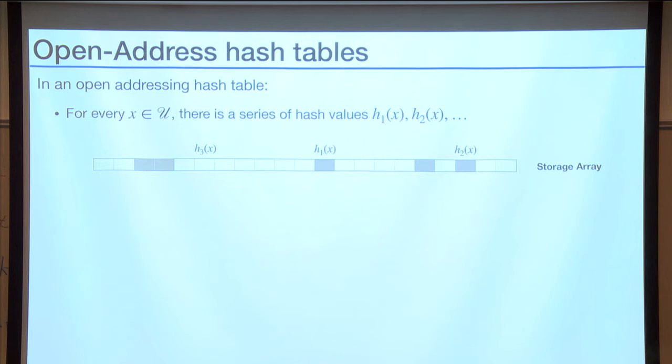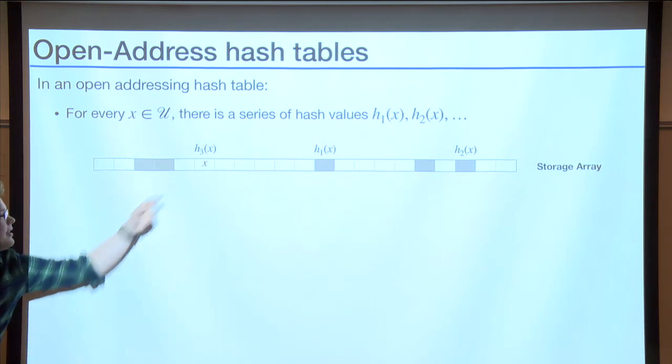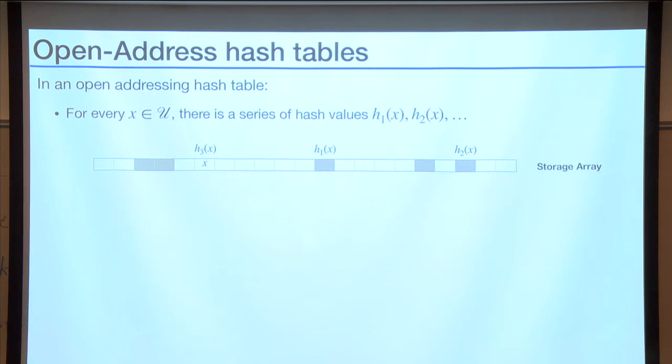And h2 of x and h3 of x map to different locations in the storage array. And for x, maybe we end up placing it in this index, so it's actually mapped to by its third hash value. So this is open addressing, and this is a very classic way to do hash tables. This is how linear probing works. This is how cuckoo hashing works, quadratic probing, uniform probing.